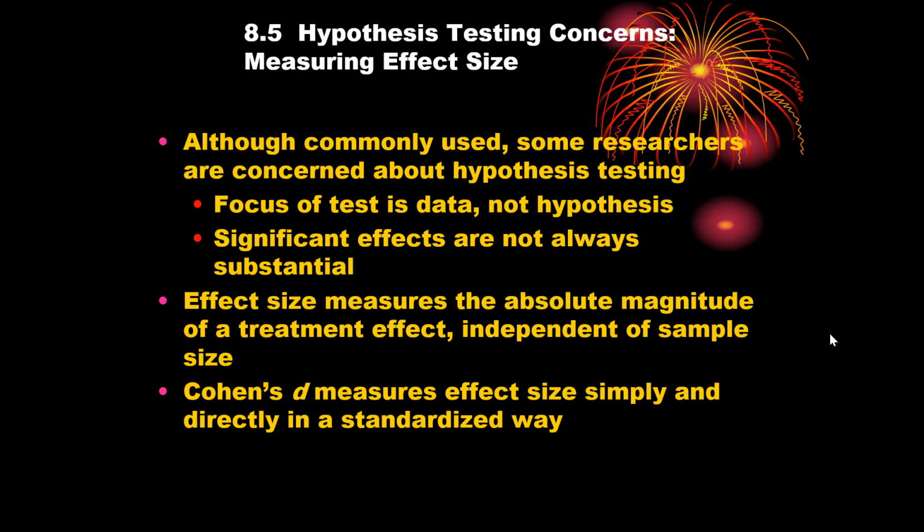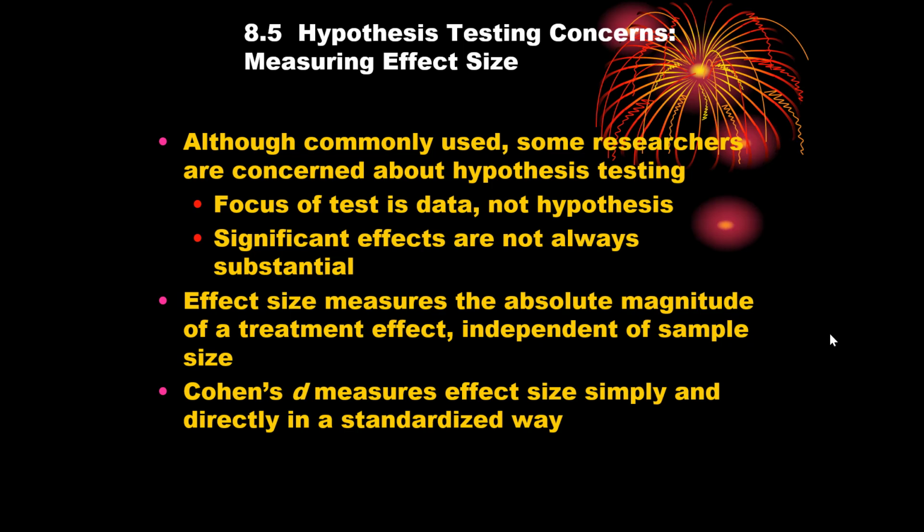And this is where effect size comes in. If the null hypothesis is rejected, we can measure the effect size. Effect size measures the absolute magnitude of a treatment effect independent of sample size, because typically as sample size increases, there's a higher probability of you finding a significant effect or a significant difference as it relates to your study variables and overall your data.